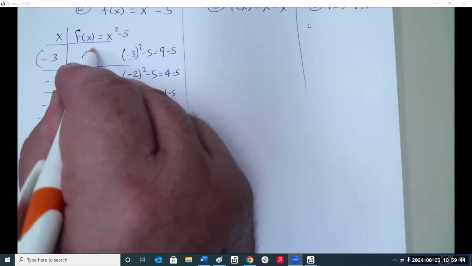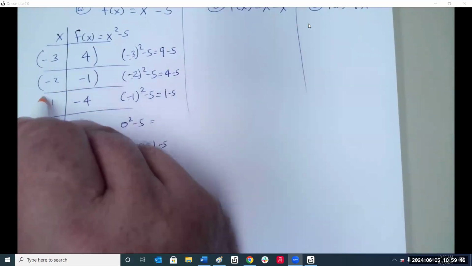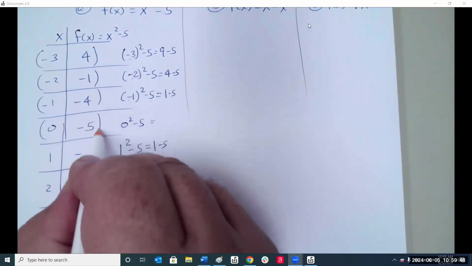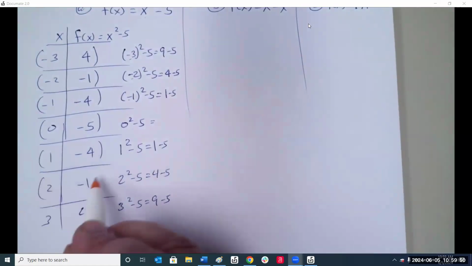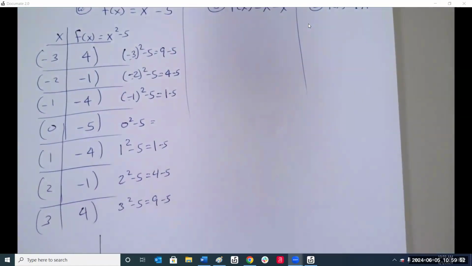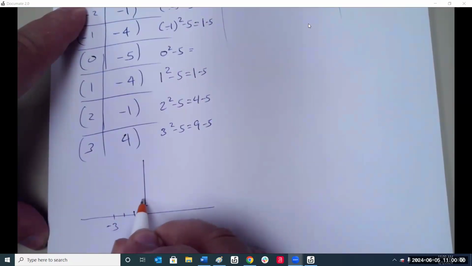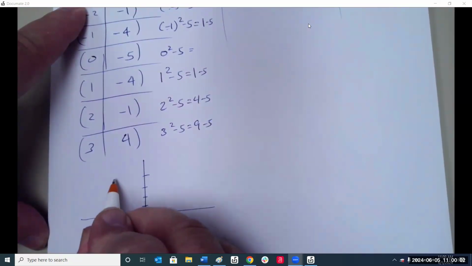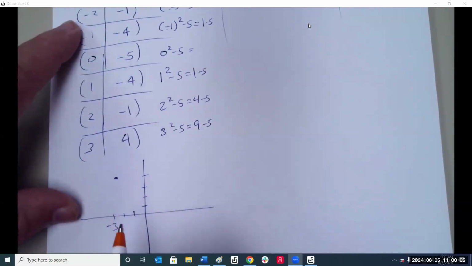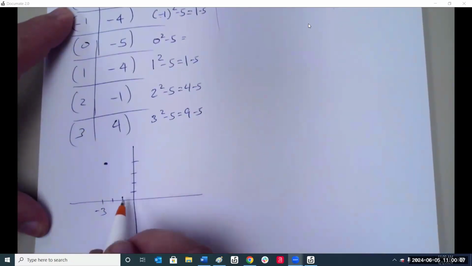Each of these represents a point in your graph. It's the x and y locations. So our first point is at -3, 4. 1, 2, 3, 4. The next point is at -2, -1.